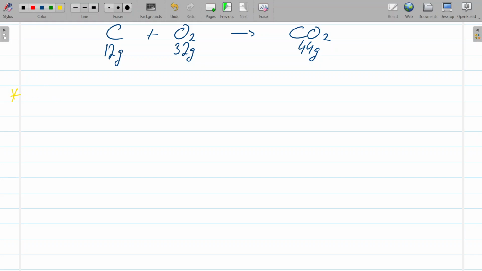So they mention that for a single atom of sulfur, what is the mass? Like how much does it actually weigh? The actual mass.